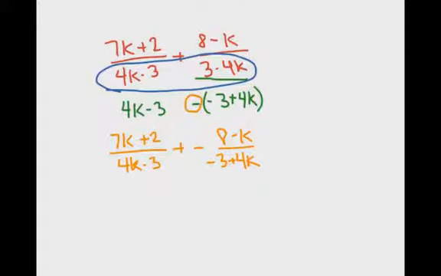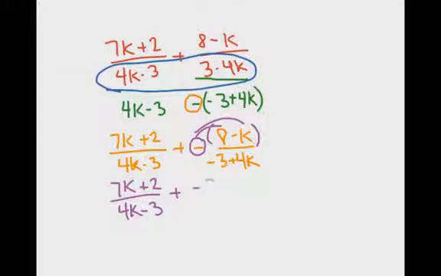So now, plus a negative fraction, it's kind of like subtraction. So we're going to distribute our negative to our top. So I'm going to put that in parentheses. So we have 7k plus 2 over 4k minus 3 plus, if I distribute my negative, we have negative 8 plus k over negative 3 plus 4k.